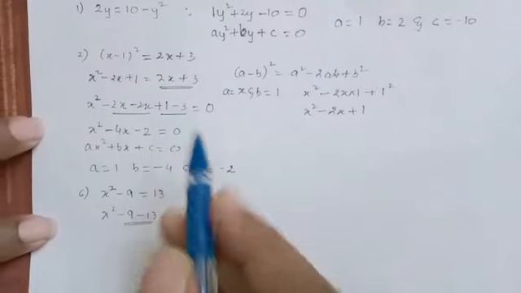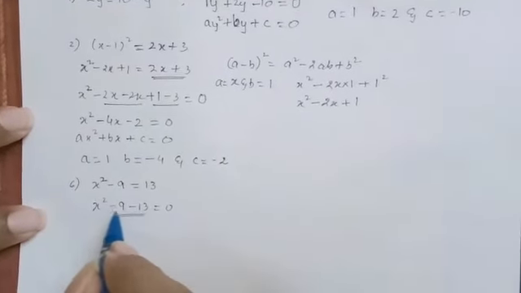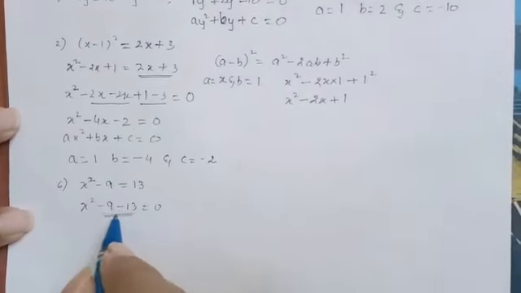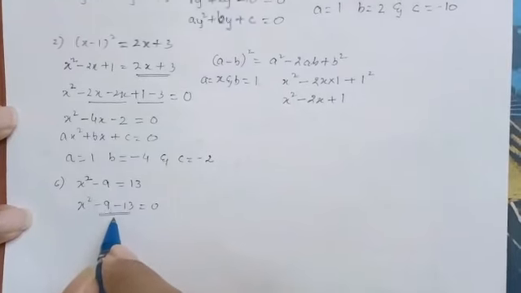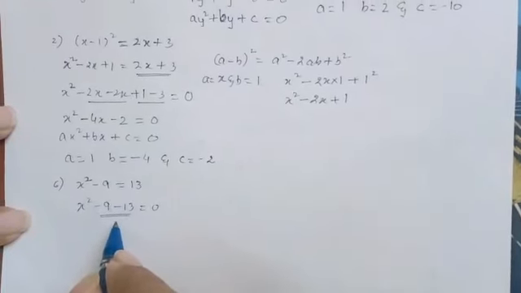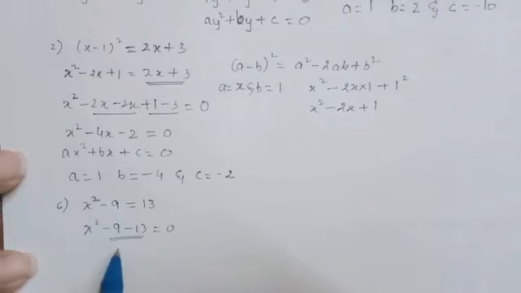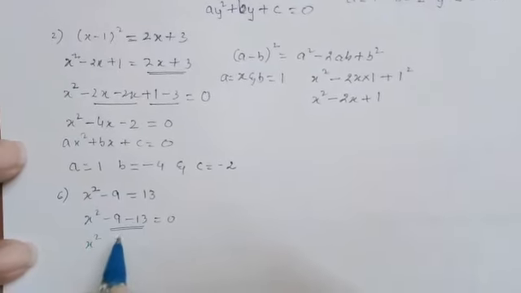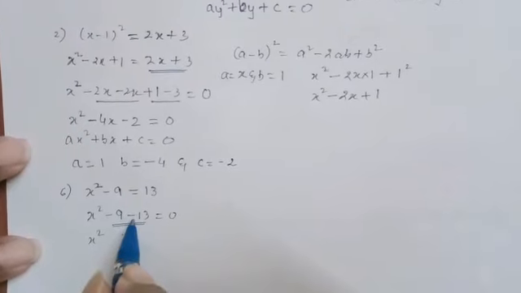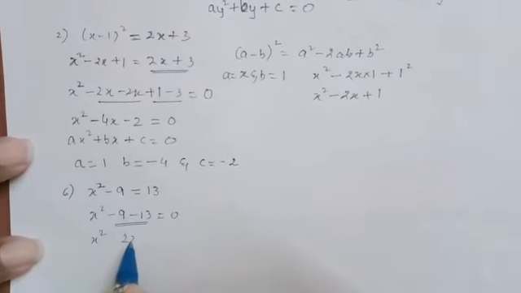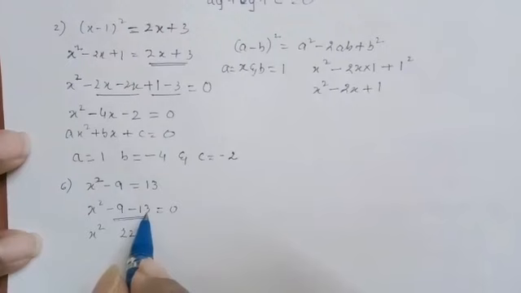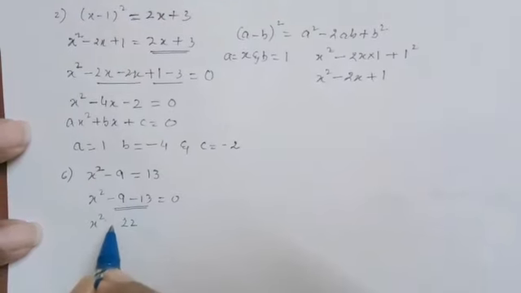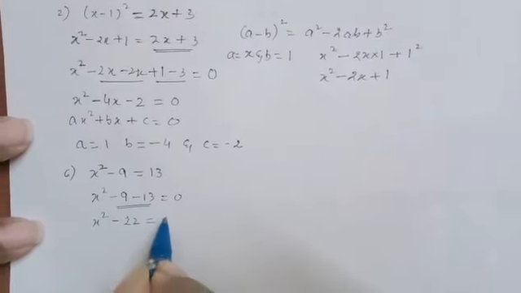Plus 1 minus 3 minus 9 minus 13, minus minus we will make plus, so 13 plus 9 is what? That is 22. So x square I will write the same, and minus minus plus, 13 plus 9 is 22 and put on a bigger number. 13 is a bigger number, so that sign I am going to put it here, minus equal to 0.